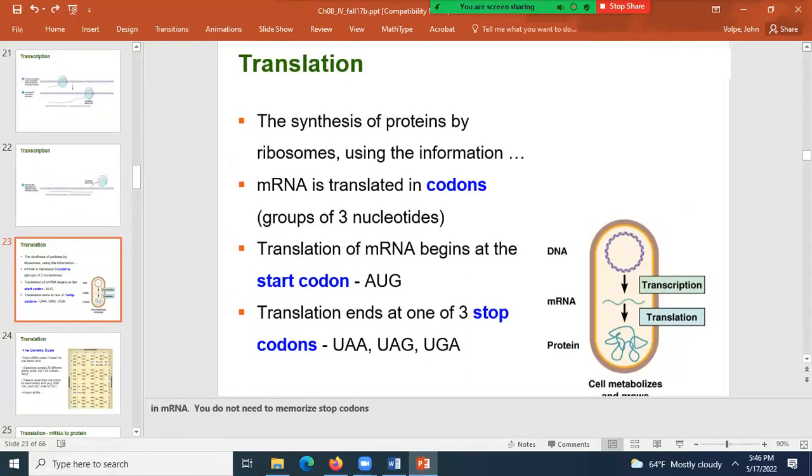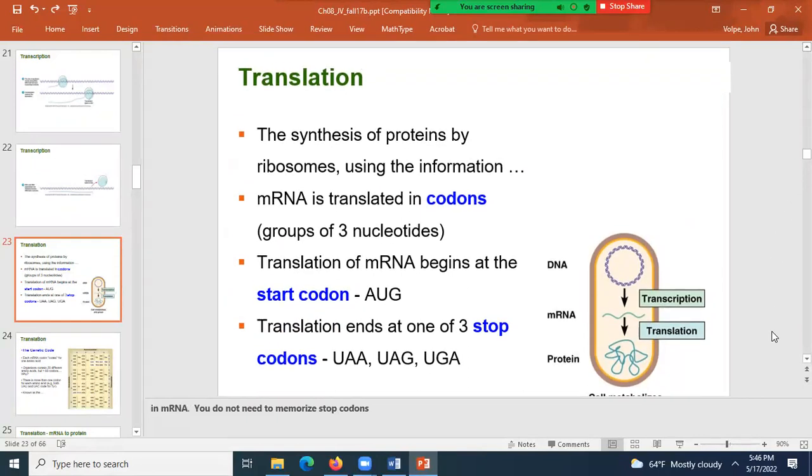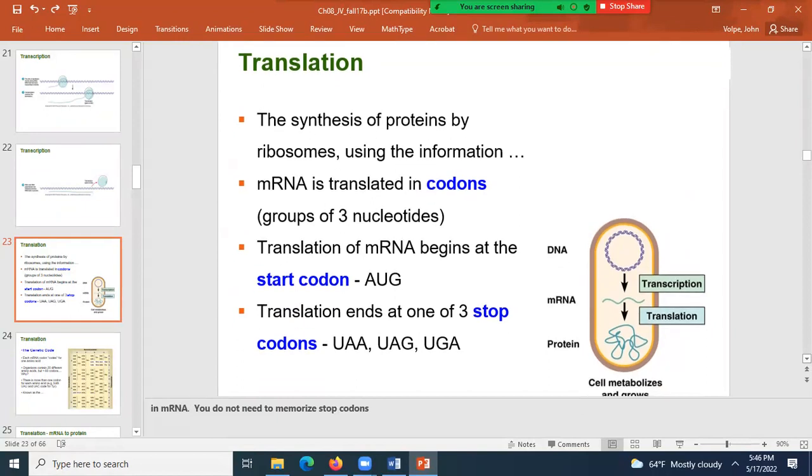This is when the RNA is translated into protein, and that happens to messenger RNA. The synthesis of proteins occurs at the ribosomes, and the ribosomes use the information in the messenger RNA, meaning it's the messenger RNA that codes for the amino acids.